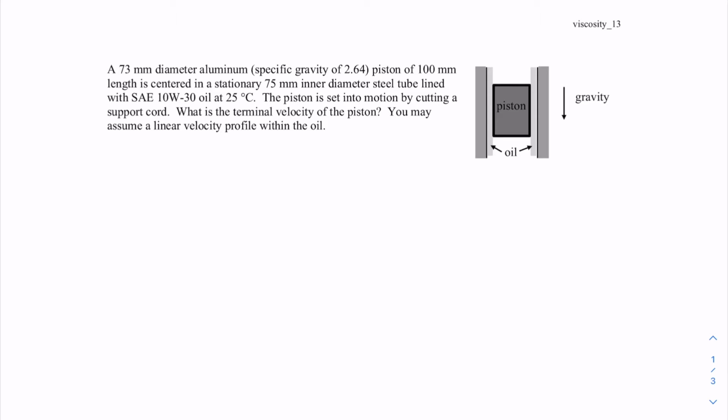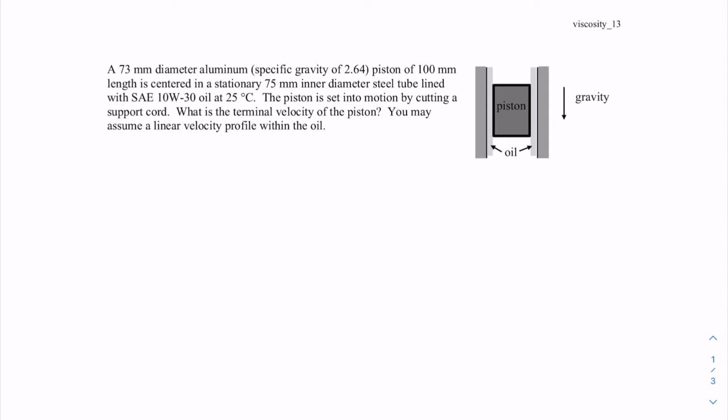As a result, after a while, its weight will be balanced by the shear forces acting on the sides of the piston, such that it will attain a terminal velocity. To attain that terminal velocity, the velocity gradients inside these thin lubrication films will adjust such that the piston weight is exactly balanced by the shear forces acting on the piston.